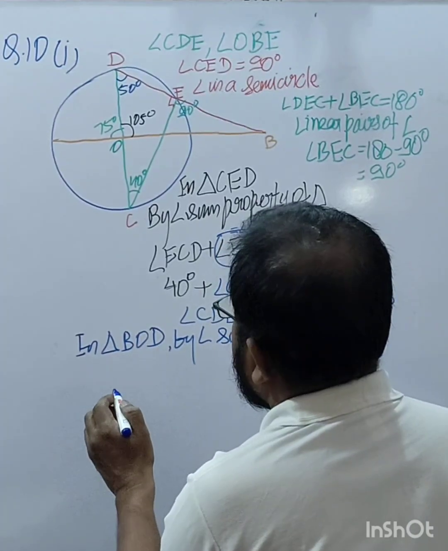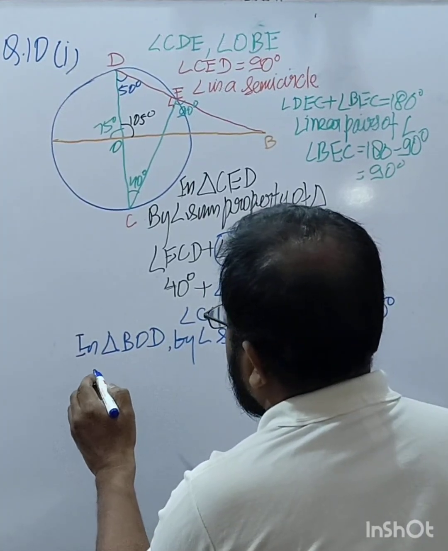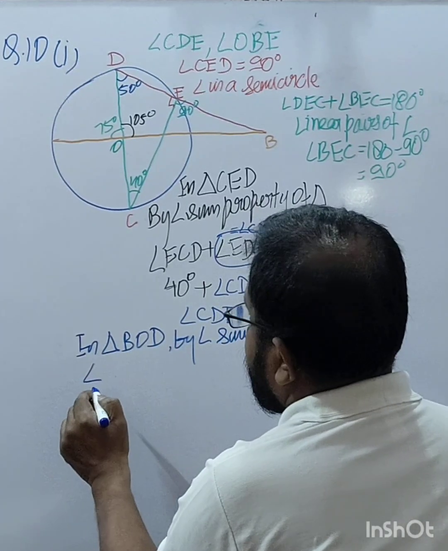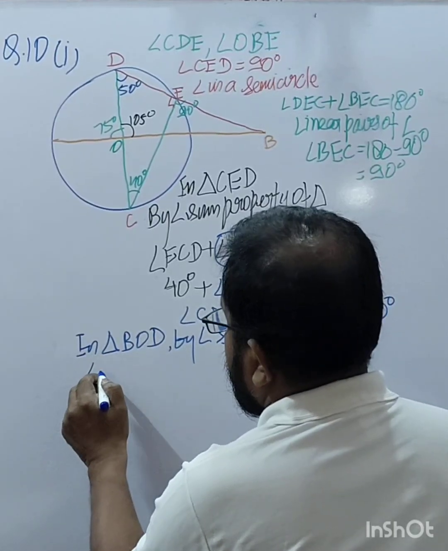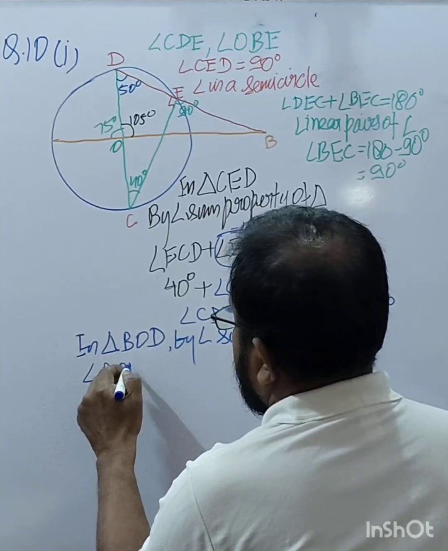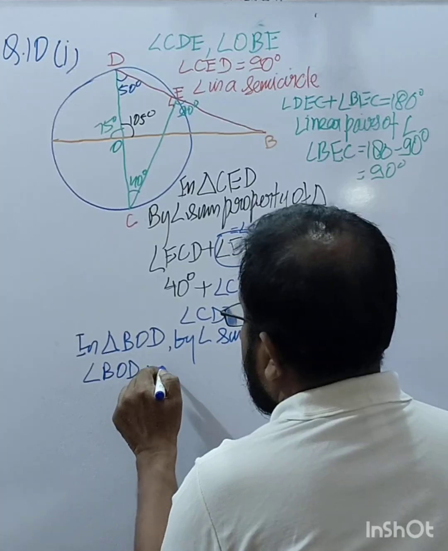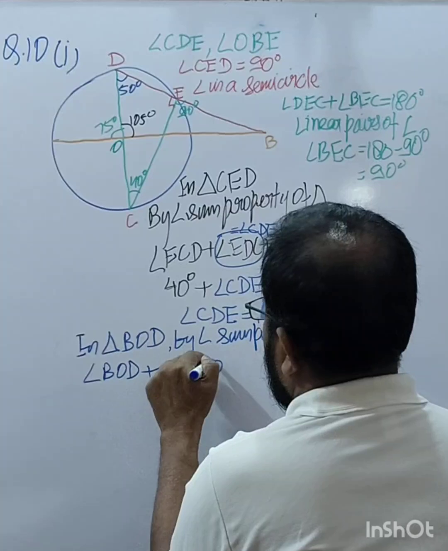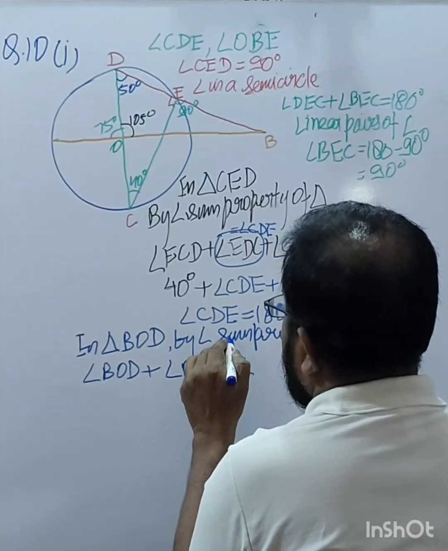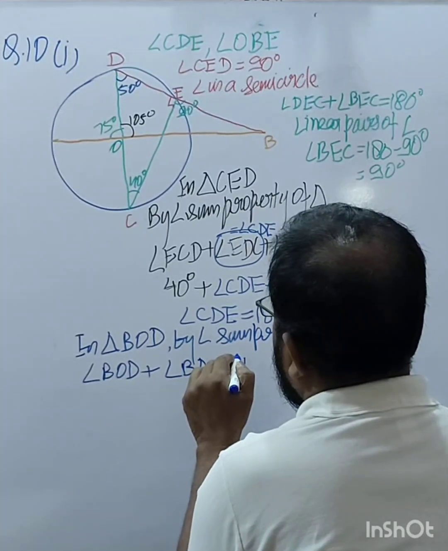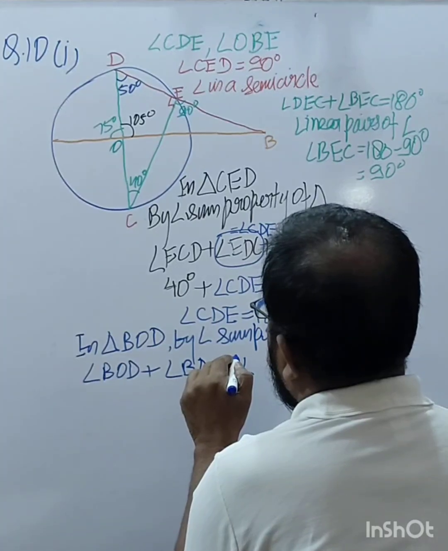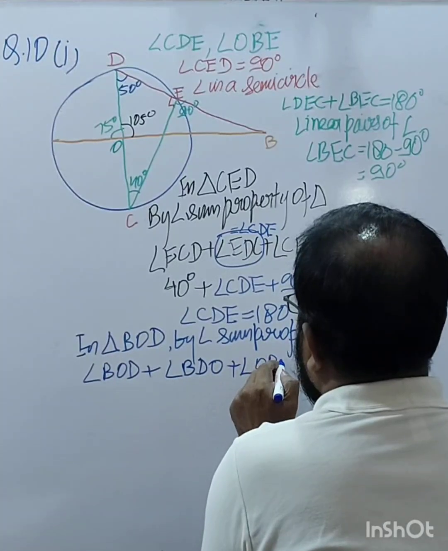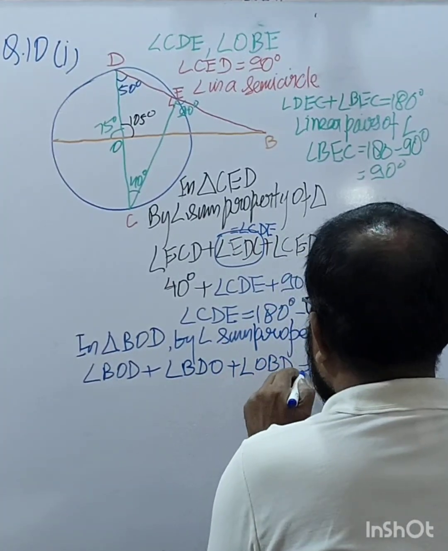Angle BOD plus angle BDO plus angle OBD is equal to 180 degree.